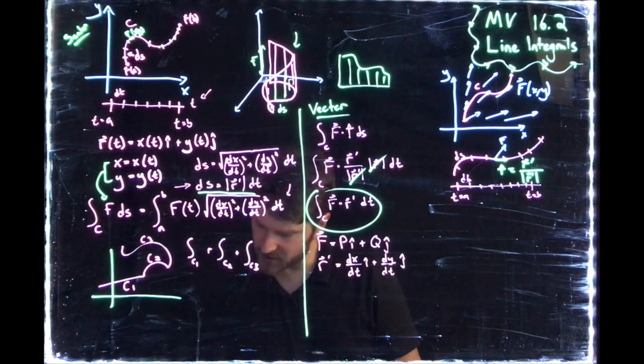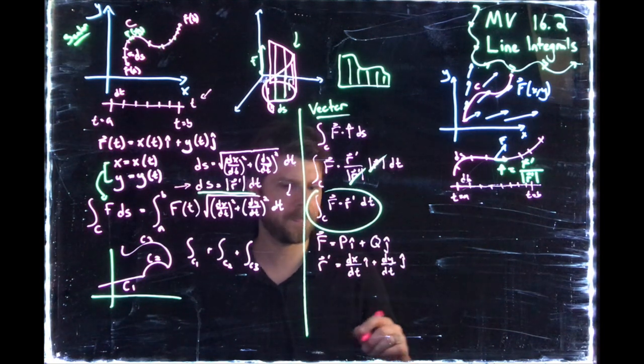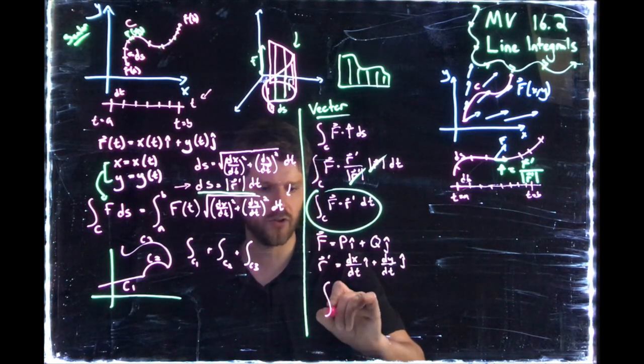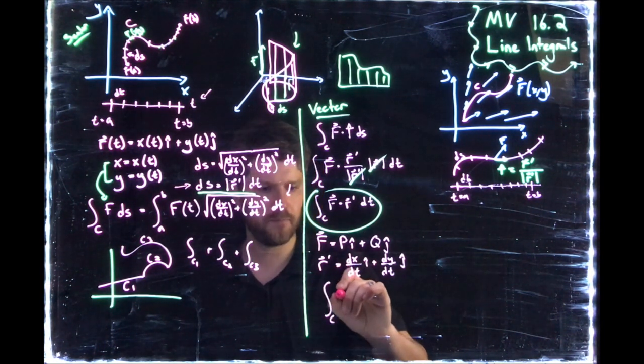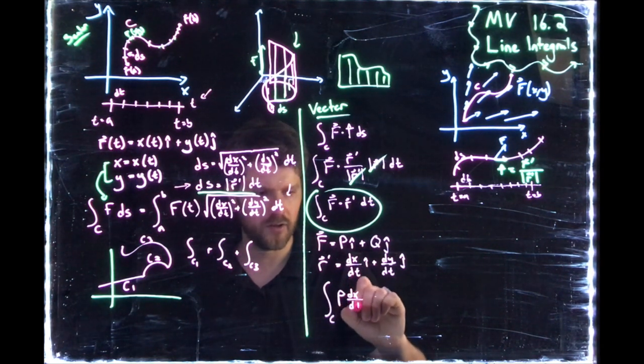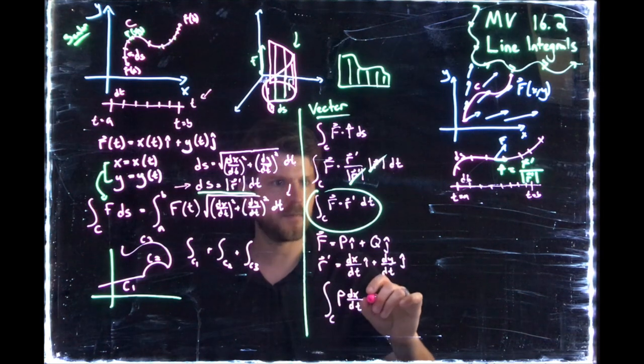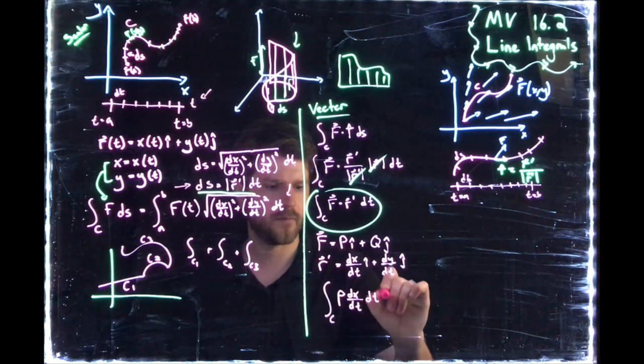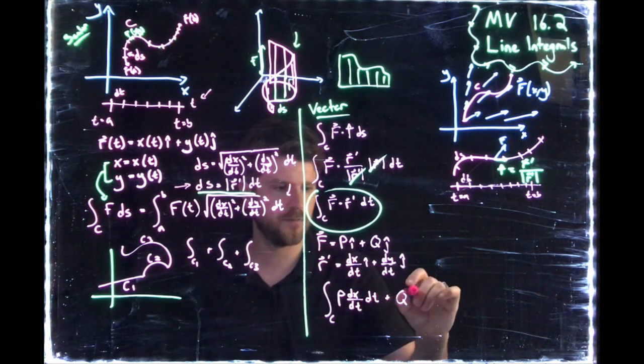So I can rewrite this integral in a slightly different way, as the integral of P dx over dt plus Q dy over dt. That's me doing the dot product.